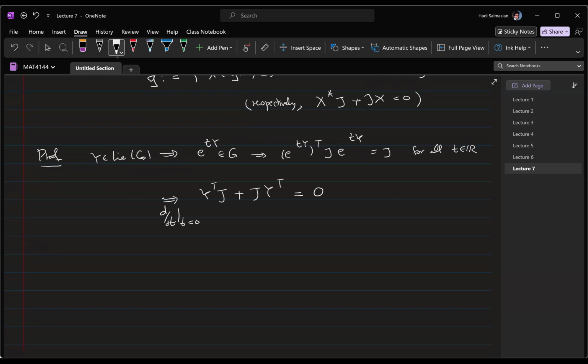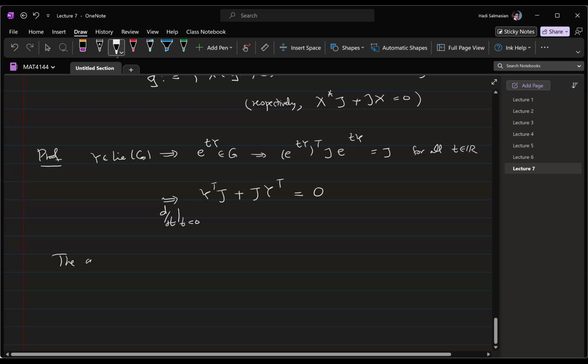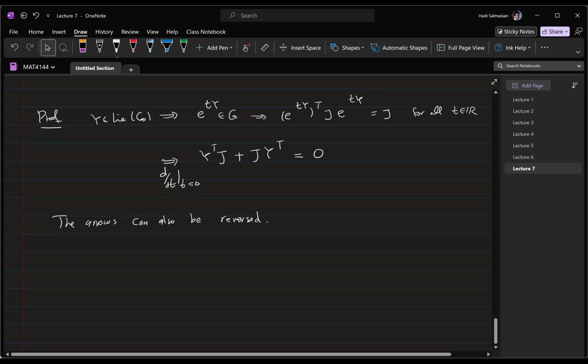So we got the condition, and the arrows can be reversed. Technically for the converse, you have to differentiate at an arbitrary t, but then some factor comes out and everything reduces to this relation.